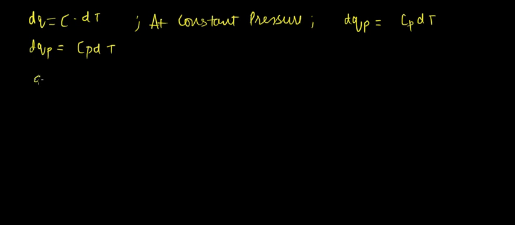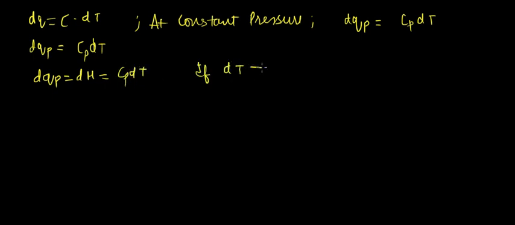So dqp is equal to dH, which should be equal to Cp dT.